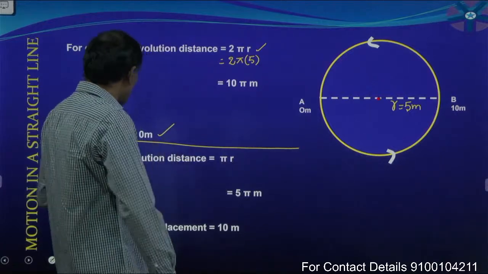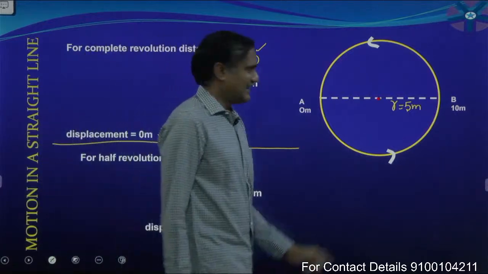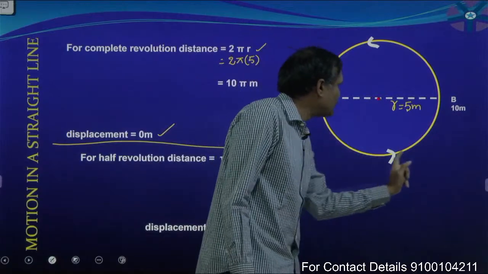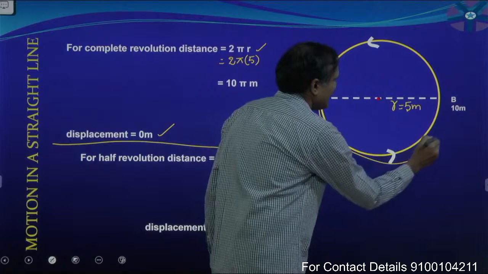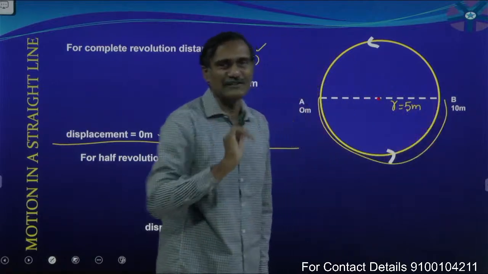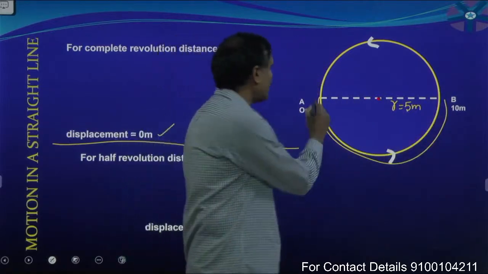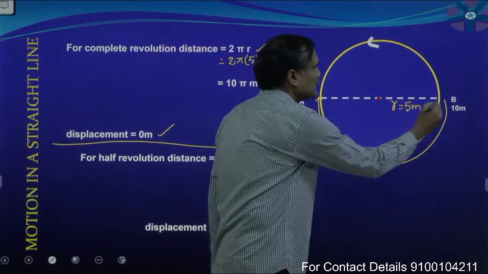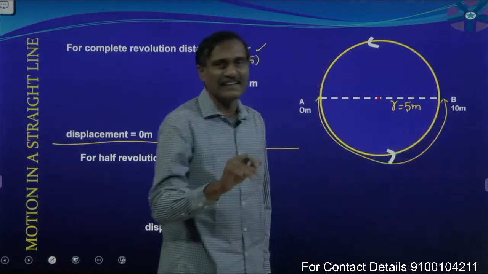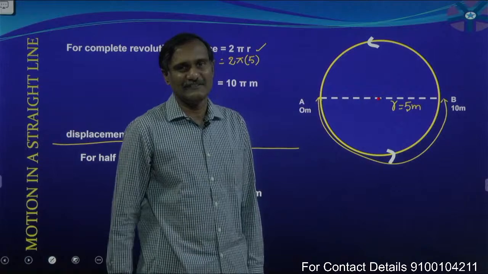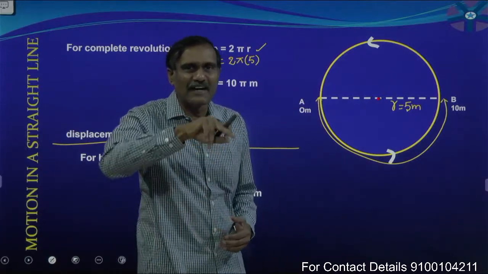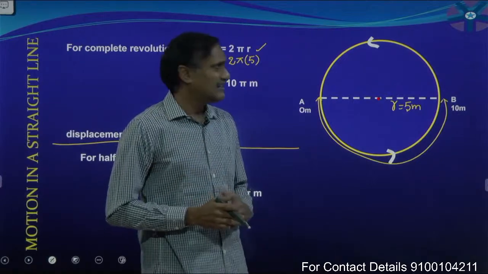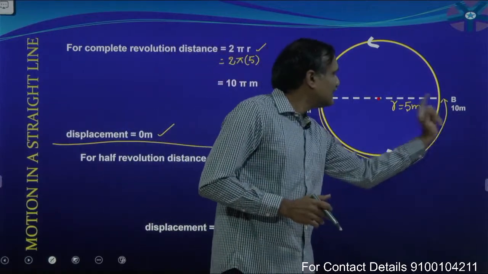Now for half revolution, if the particle travels from A to B only, consider only half revolution. For that half revolution, we are going to calculate its path length or distance. Now what is meant by distance? Total length of the path travelled by the particle. What is this total length?